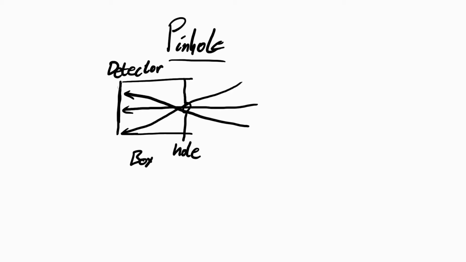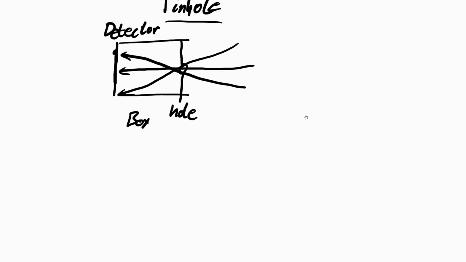Which means on the detector, we now have very specific points corresponding to directions of light. And this is how you get a clear image. Each point on the detector only sees one very specific point in the real world, which is along that ray. So we can reverse this.